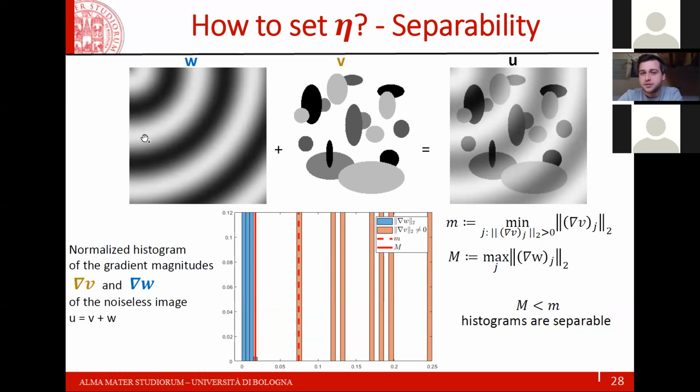So these two components, W and V, are separable if the histogram of their gradient magnitudes can be separated. In particular, the minimum non-zero gradient magnitude and the maximum gradient magnitude, denoted as small m and capital M, need to be apart, creating a separation region in between them.